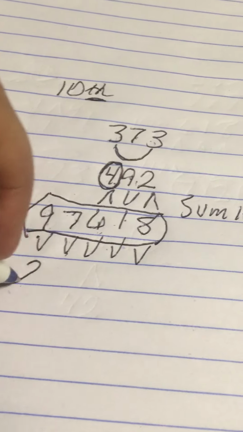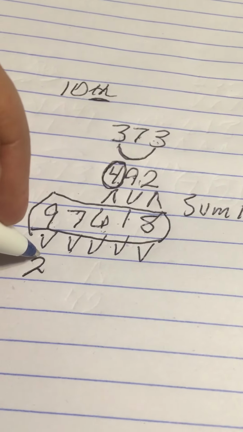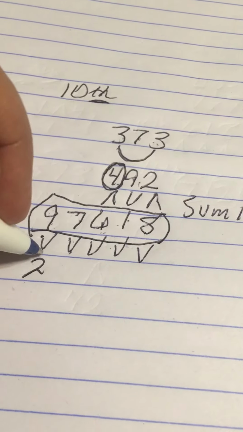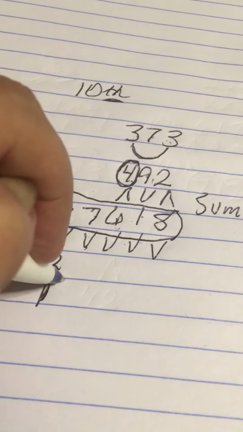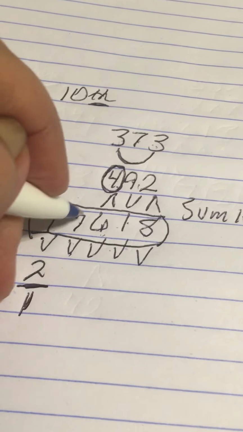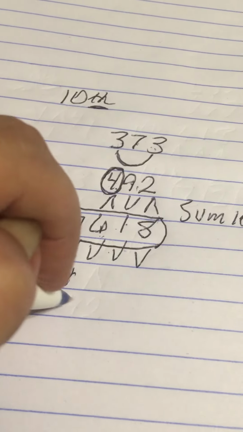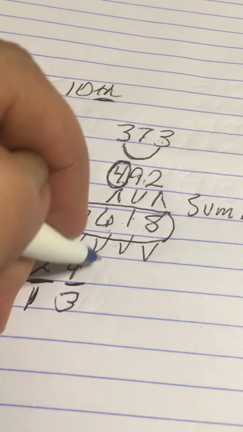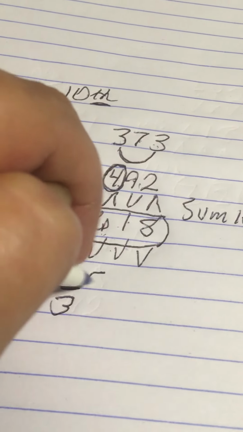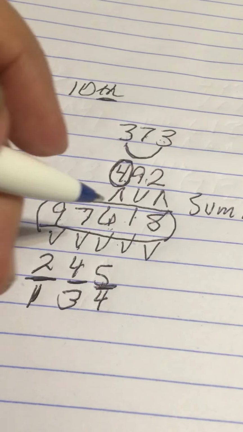So, a 9 would be a 2 if we're going to the 11th, okay? If we're staying on the 10th, I'm going to write them under there, okay? So 4, and that would be 3, okay? Then you got 6, so you would need a 5 or a 4, okay?